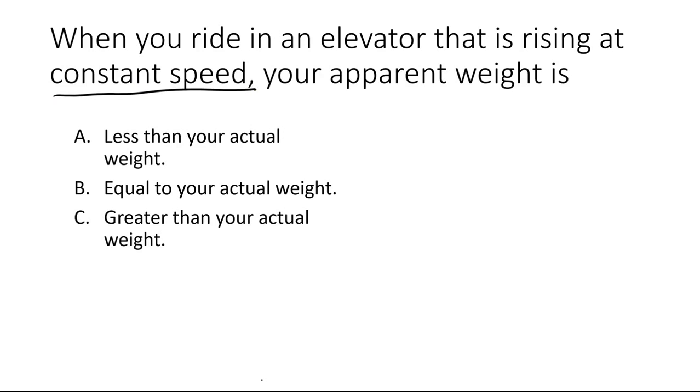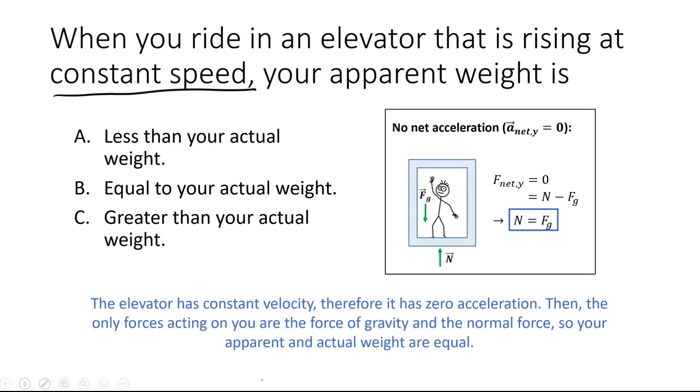And remember, acceleration is related to change in velocity. So if the velocity isn't changing, your acceleration is 0. So here, if we let the upwards direction be the conventional y direction, then we know that the net acceleration of this elevator in the y direction is going to be 0. Then, since F net y is equal to mass times net acceleration in the y direction, F net y is also going to be 0 here.